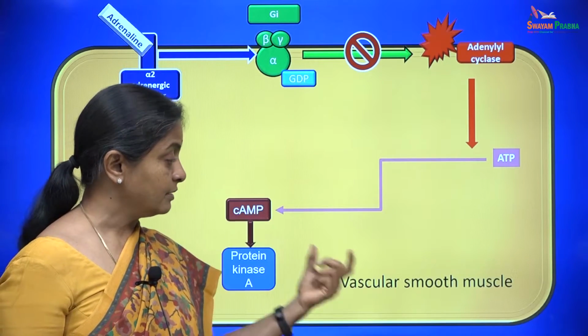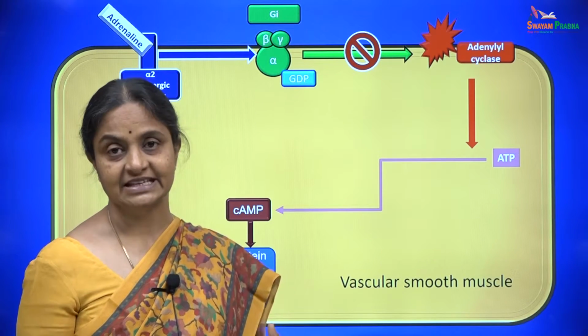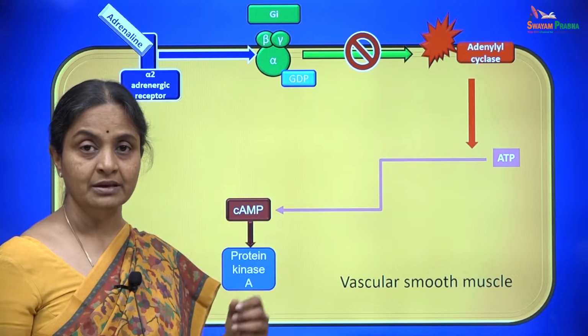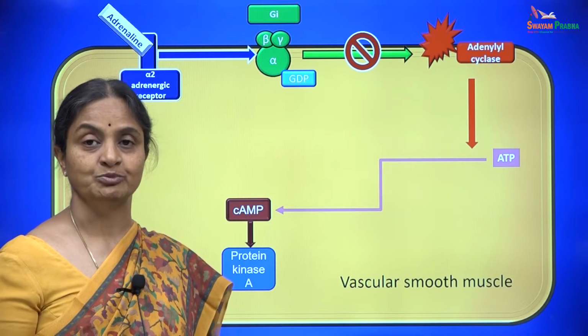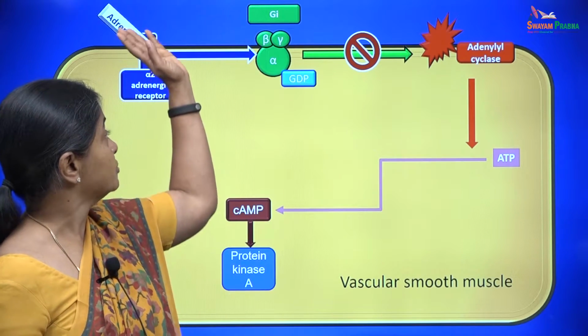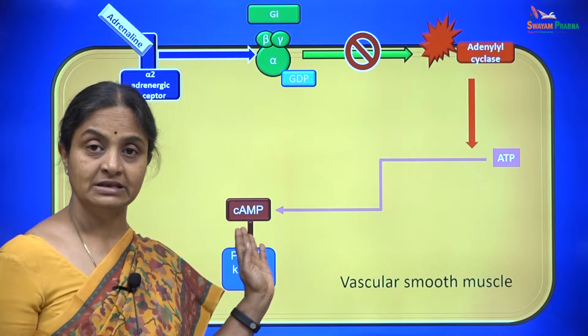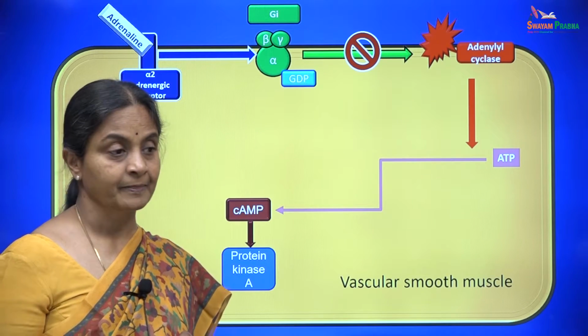Cyclic AMP in vascular smooth muscle actually induces relaxation, and decreasing the levels of cyclic AMP will promote contraction in the vascular smooth muscle cell. So adrenaline through a different receptor by decreasing cAMP levels can support contractility.